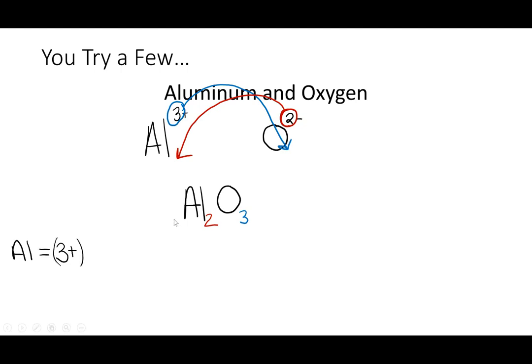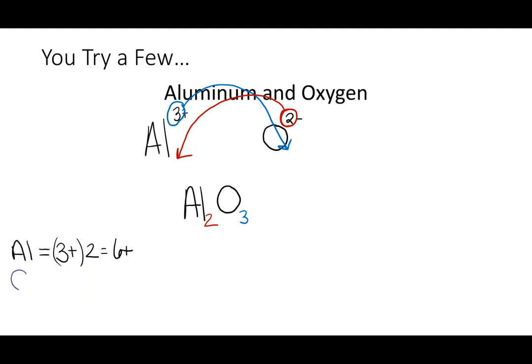According to this rule, I need 2 atoms of aluminum to make this work. So +3 times 2 atoms means that aluminum brings a +6 to the table. Okay, so each atom brings a +3. I've got 2 atoms, +6.